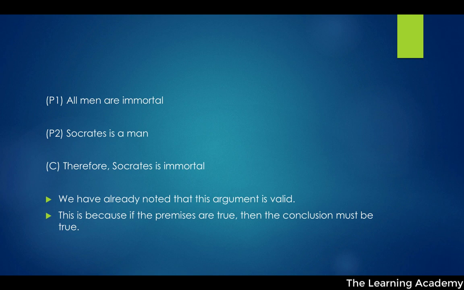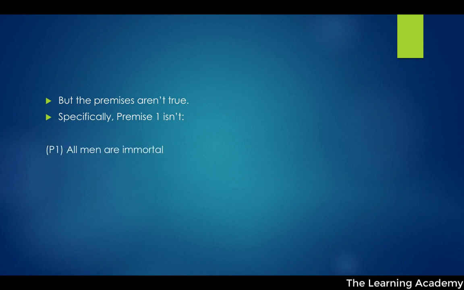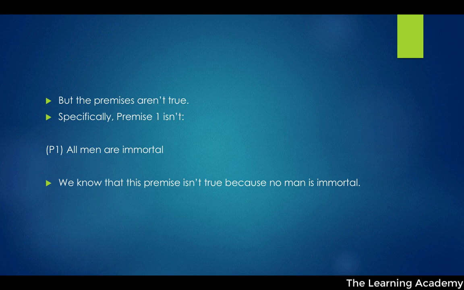However, for the sake of simplicity, let's assume that it's just premise 1 that is false, which is all men are immortal. We know that this premise isn't true because we know that no man is immortal, that no one lives forever.